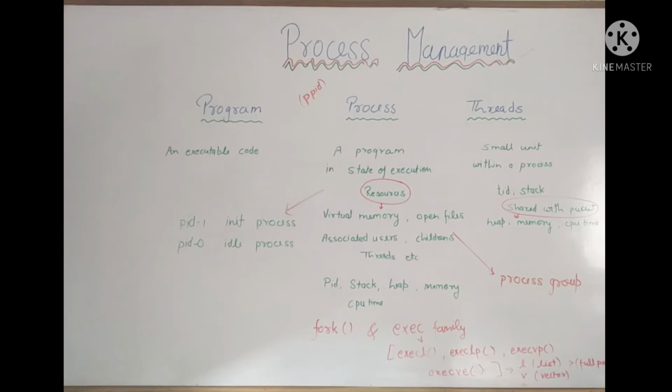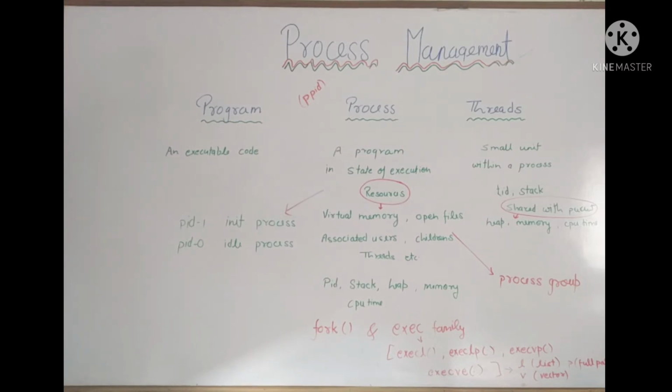We call it the init process, and it has PID 1. Whenever the operating system boots up, it starts the first process, the init process, which has process ID 1, and there is PID 0 for the idle process. When nothing is running on the CPU, the idle process runs on the CPU. That has process ID 0.